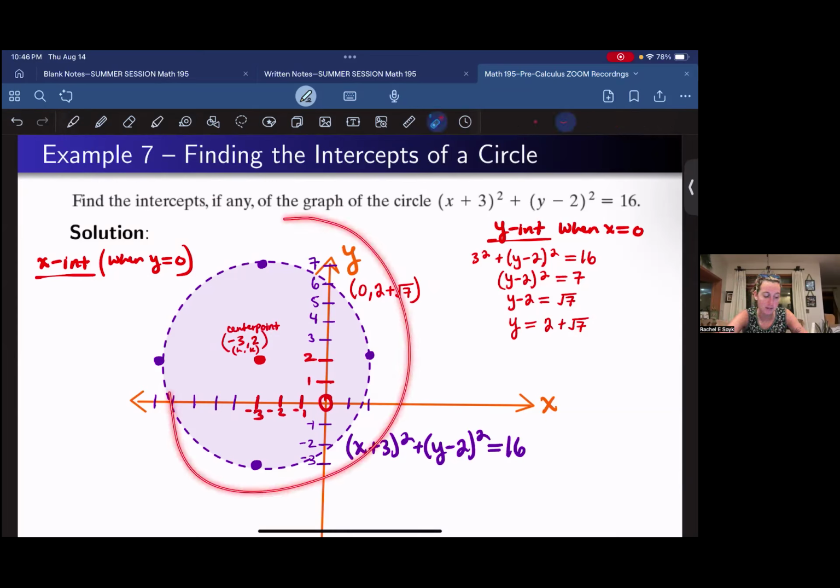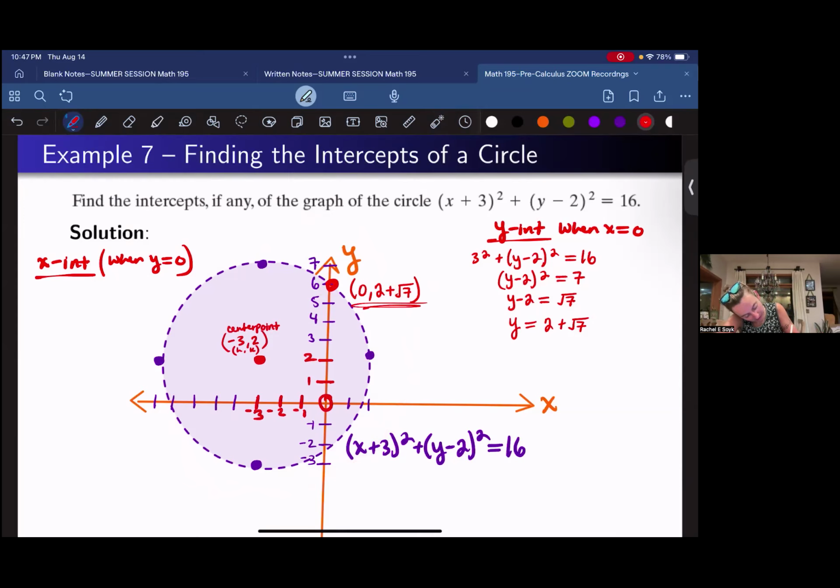So this graph was just not drawn to scale. Okay. So yeah, this y-intercept is 2 plus square root of 7. There's 0, comma, 2 plus square root of 7.